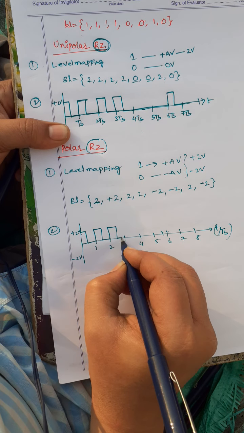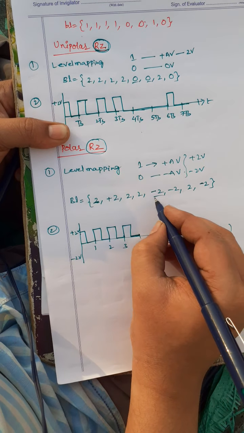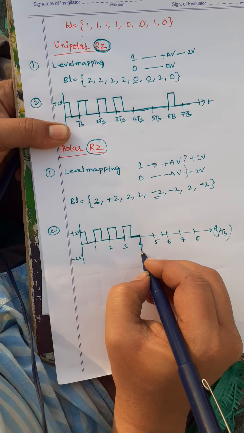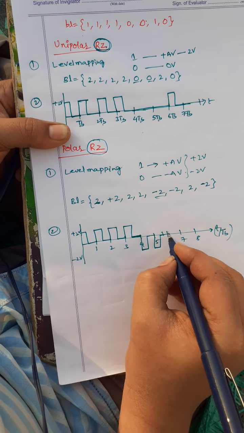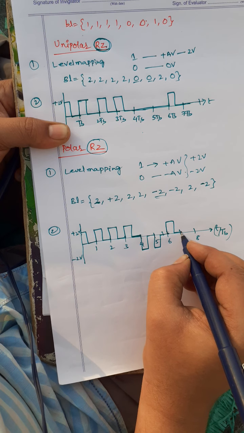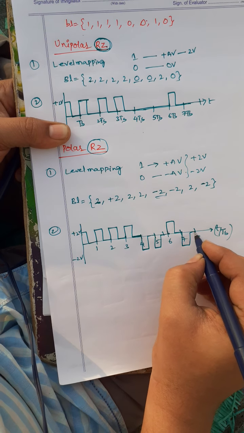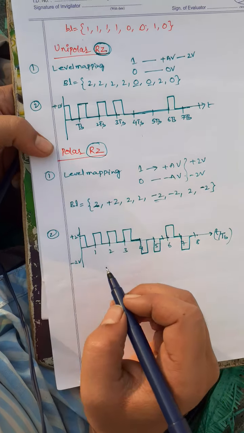Third level is also 2 volts. Fourth level is also 2 volts. Next, the fifth level is minus 2 volts. Sixth level minus 2 volts. Next, plus 2 volts, minus 2 volts. Right? This is polar RZ.